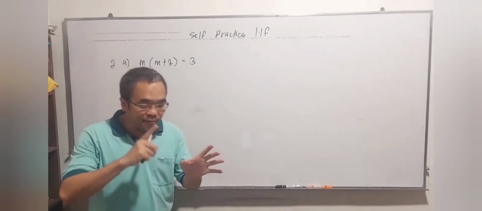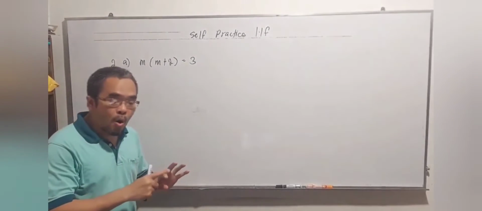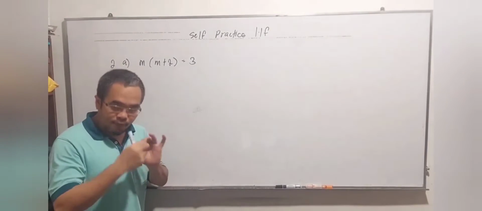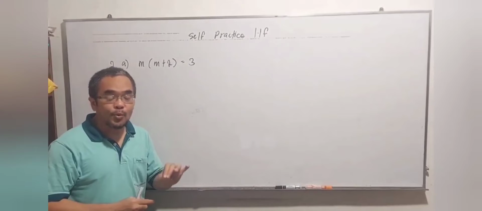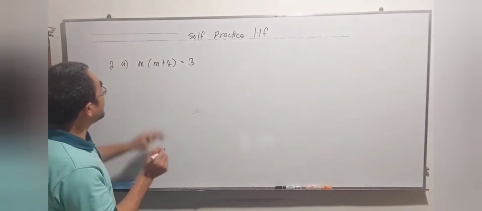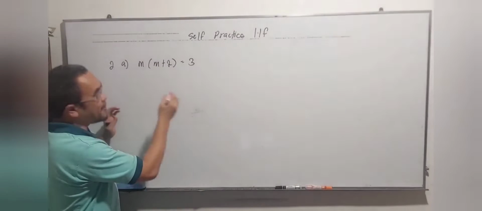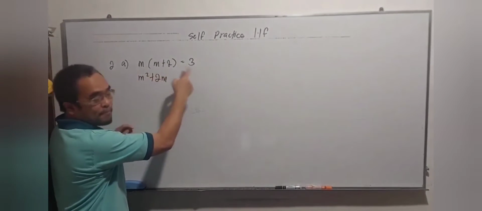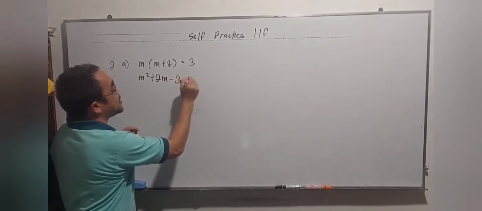Whether you are using factorization, completing the square, or the formula, you still have to make it into general form. So what is general form? Expand the bracket, you get m squared plus 2m, then bring here minus 3 equals 0.